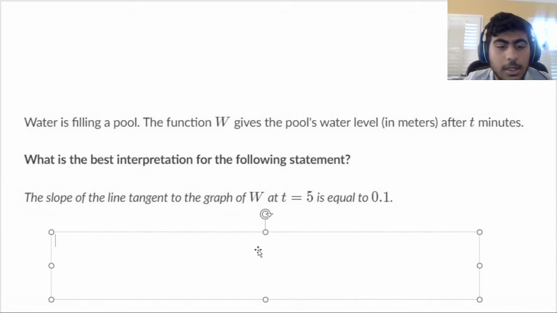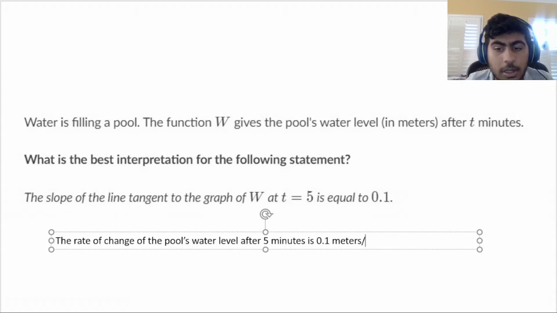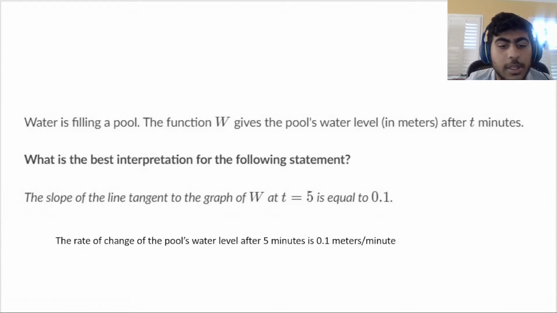The rate of change of the pool's water level at t equals 5, well, it says after t minutes, so after 5 minutes, is equal to 0.1. 0.1 what? Well, the rate of change is going to be the units of w divided by the unit of time, or meters per minute. So here the rate of change of the pool's water level after 5 minutes is 0.1 meters per minute. That is what this statement means.